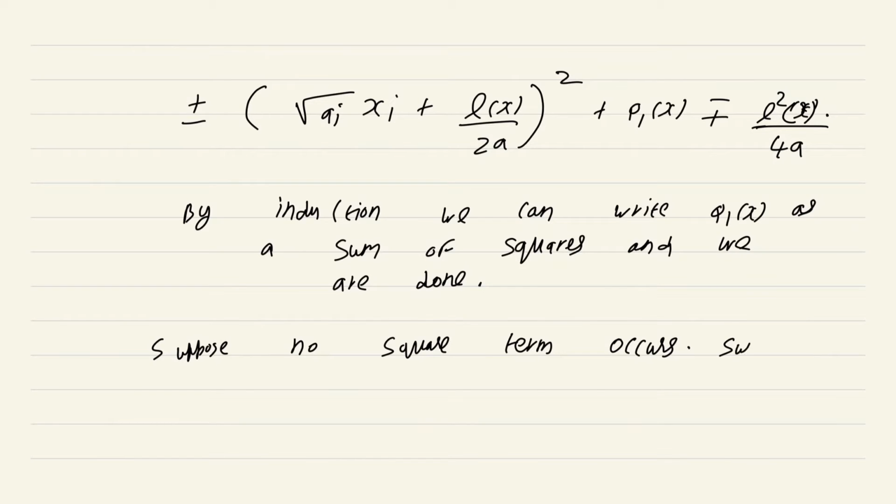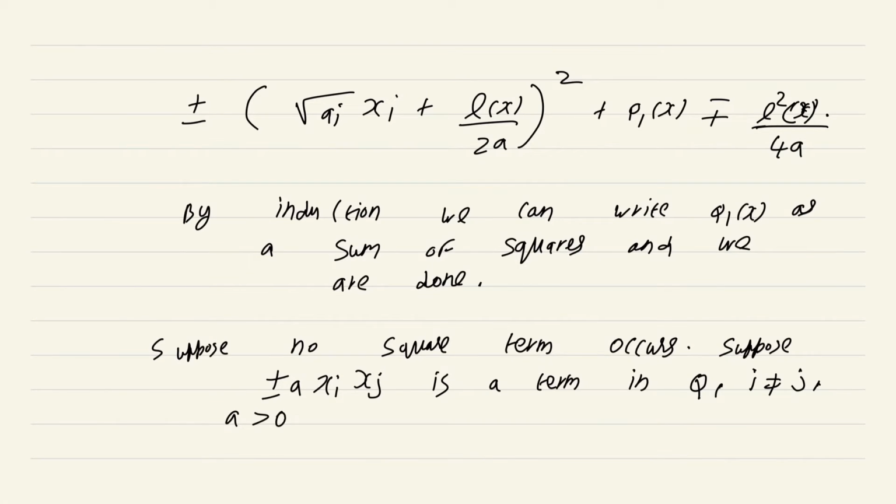So suppose plus minus a xi xj is a term in Q. Here of course i is not equal to j by assumption, no square term occurs, and we are going to also assume as usual that a is greater than 0. Suppose we have such a non-square term.